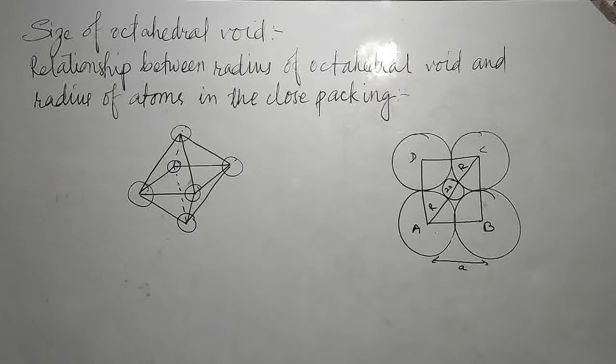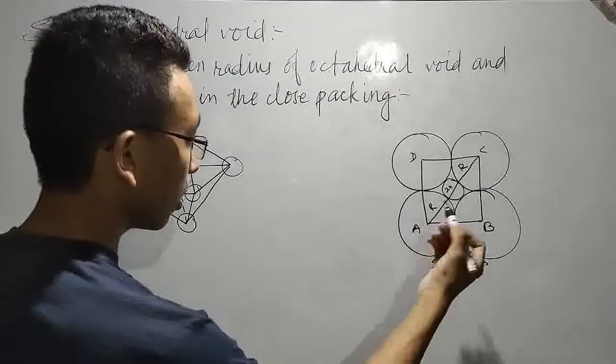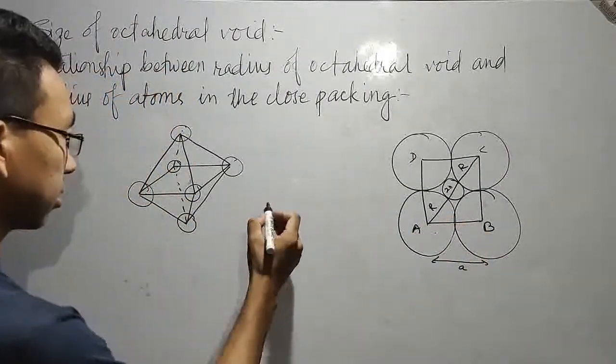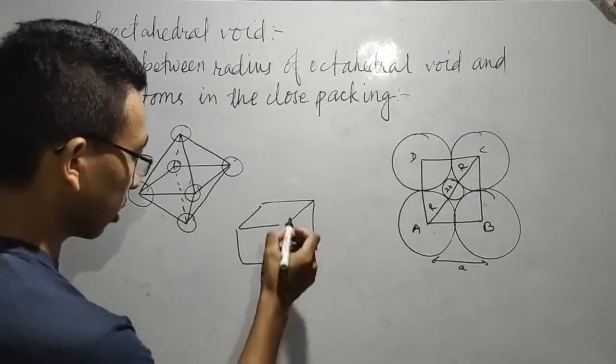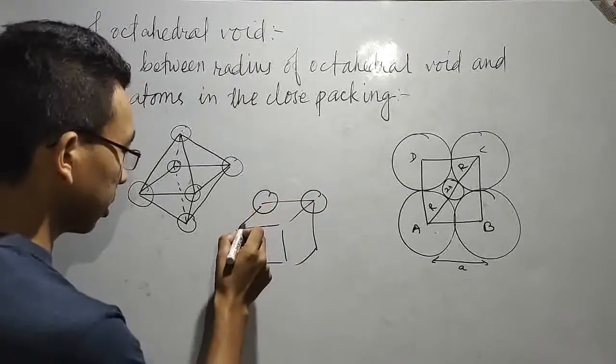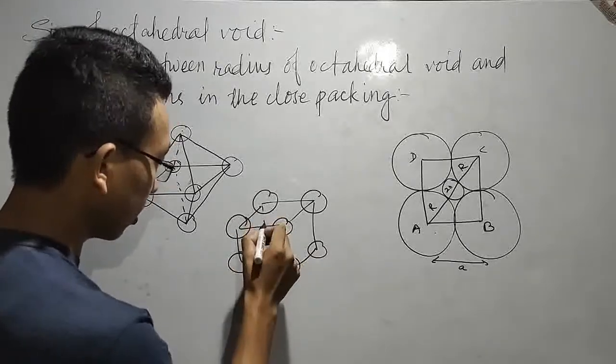Now moving on to the next part, here in this diagram. Suppose a unit cell has atoms present at the corners of the unit cell.